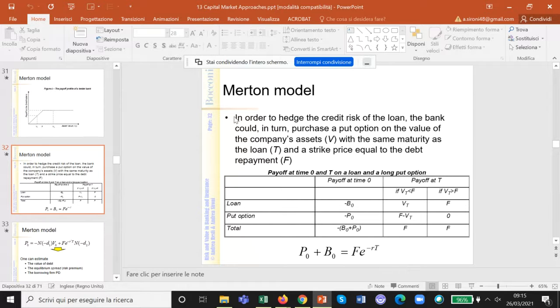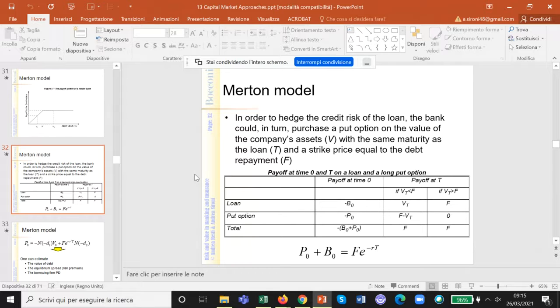Let's look at this with a simple framework. In this table, the first item is the loan, and we can look at the payoff at maturity. Remember, we assume a loan with a maturity of 1 year.